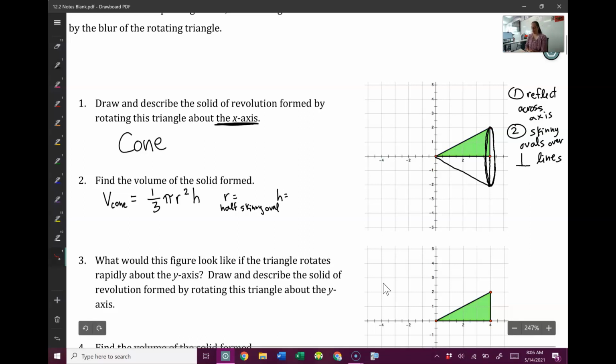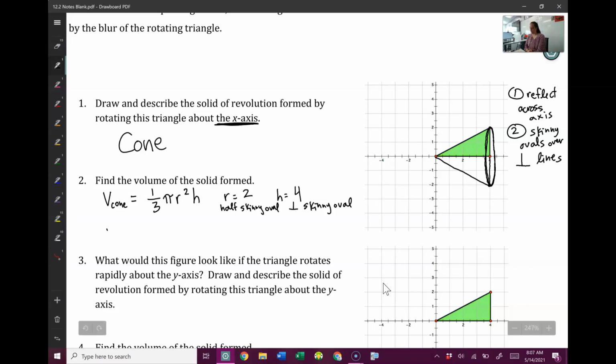So I come over here, find my skinny oval. Right there, there's my radius, and it looks like it's 2. So my radius is 2, and your height is perpendicular to the skinny oval. Here's my skinny oval, I want perpendicular to it, so right there, that is going to be my height, and it looks like that is 4.